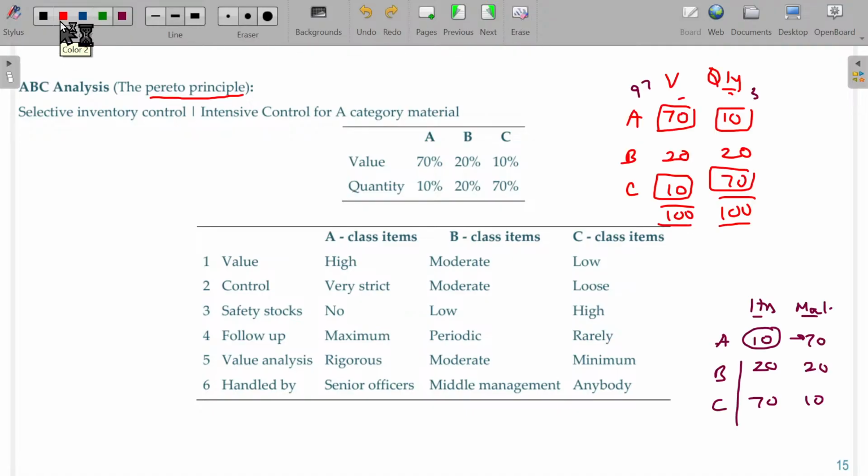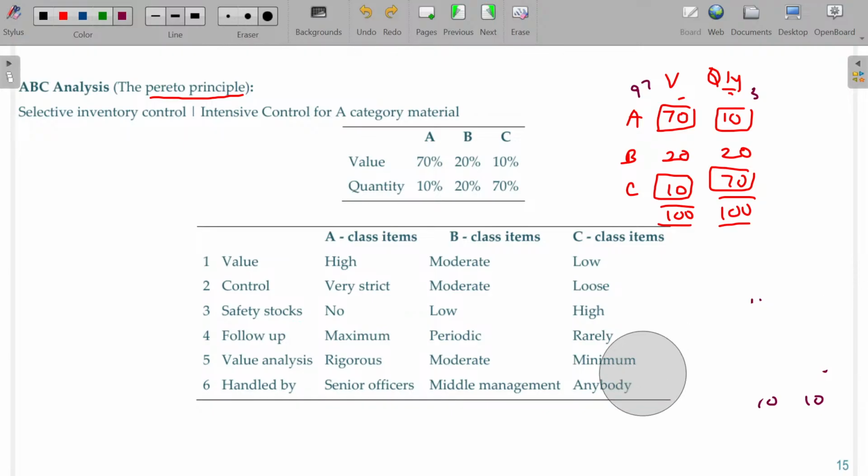See, when it's all about material, where value is higher and the quantity you have is lesser, that is the A category, like gold. Inventory control is required in a more stringent way for this.